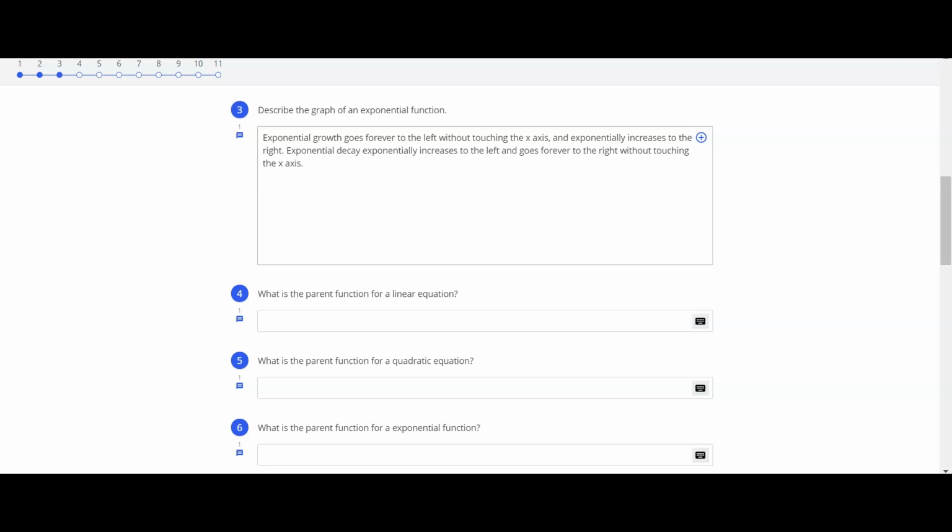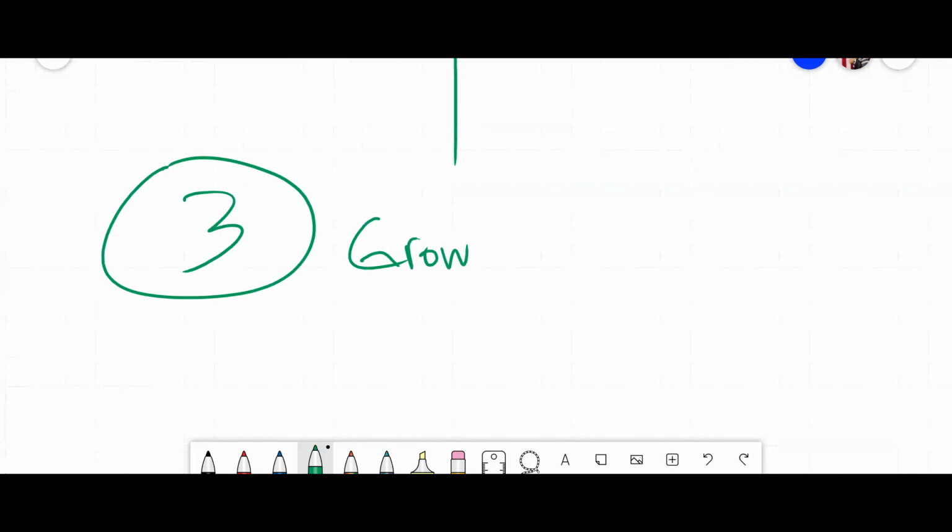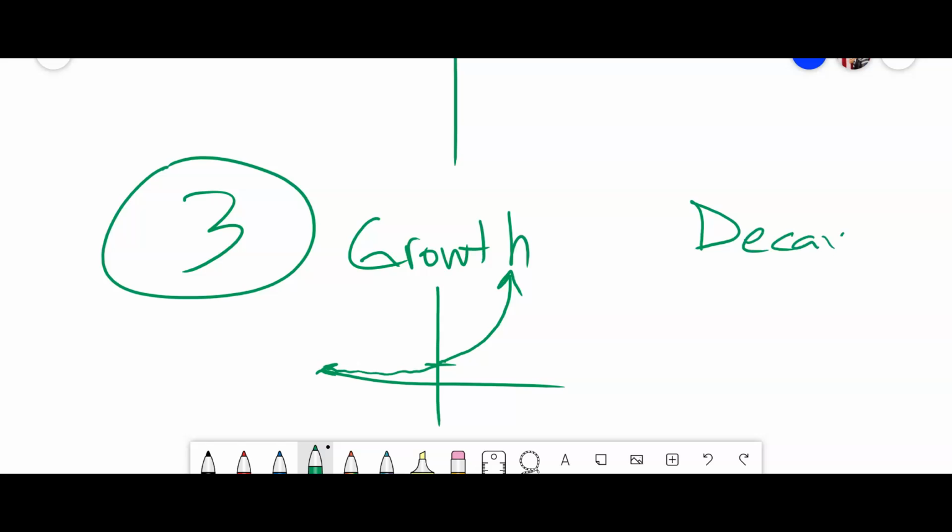So let's do a little picture of that. When it comes to exponential growth, okay, it goes through 1, it goes up like that forever, and then it gets closer and closer and closer to the x-axis, but it never does. And then decay is kind of flipped around.